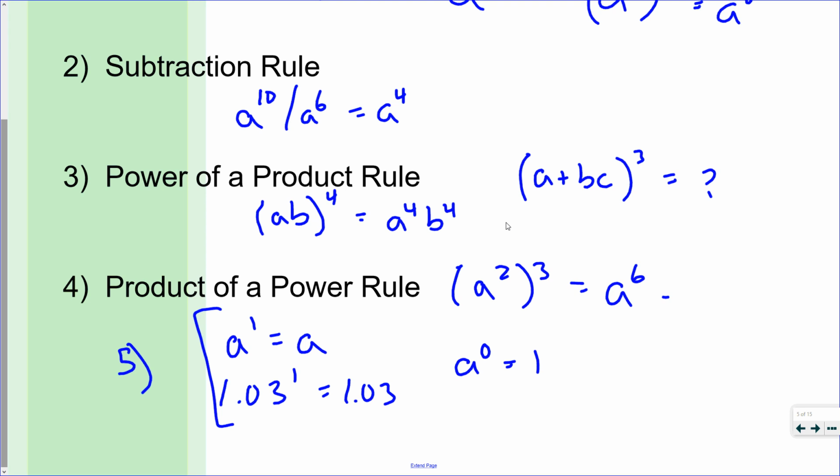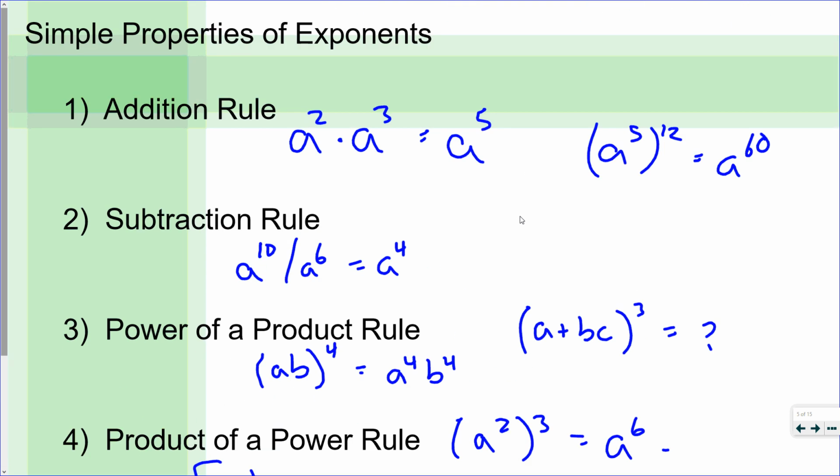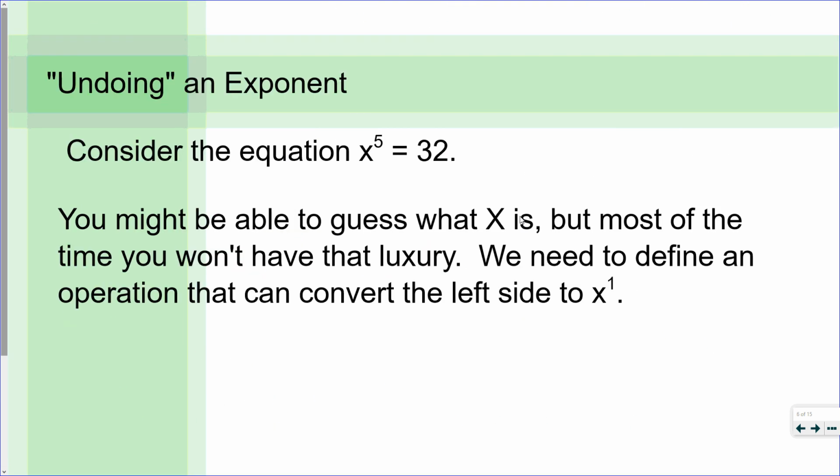Okay, so those are some important properties that we'll need to know. The other main thing that's important for us to know is how to undo an exponent. When we solve an exponential equation, we're going to have two kinds of equations: one where x is in the base of the exponent like this, and one where x is in the exponent.